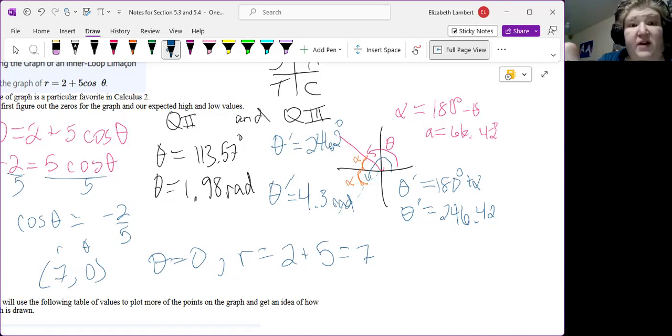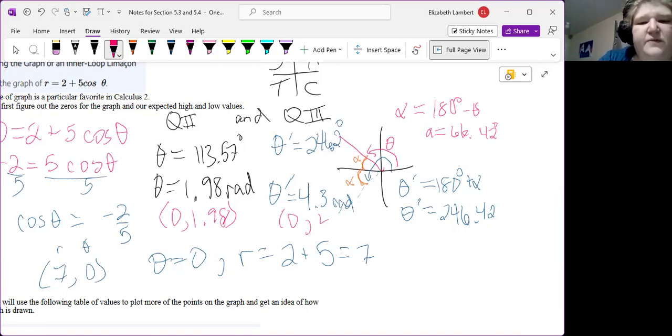Our two things that we figured out up here are when r was 0. So we have a 0 at 1.98 radians, and then we also have a 0 at 4.3 radians. Now the radius is 0 there, so I don't have to go find those points, but what it does tell me is I start at what I start at, and then up until that 1.98 radians, my radiuses will all be positive.